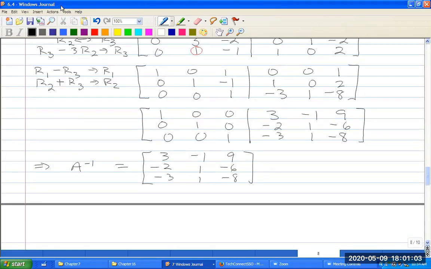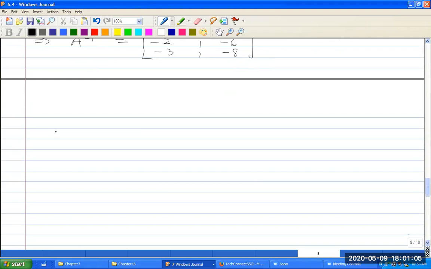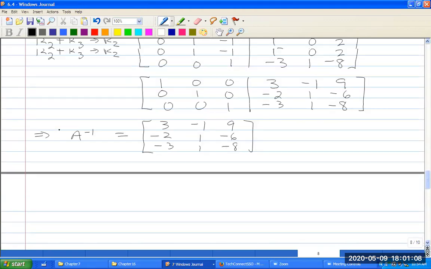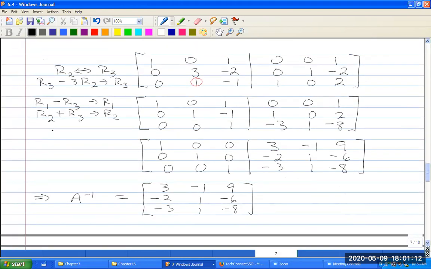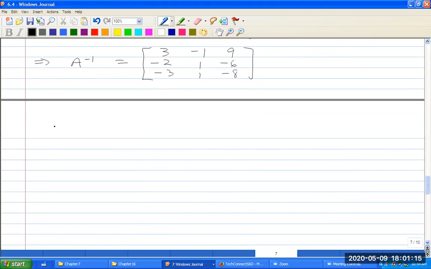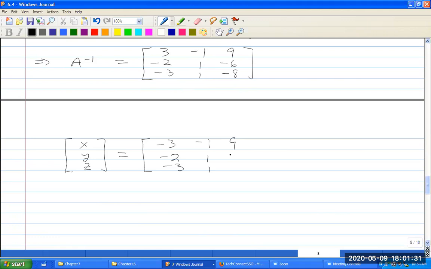And so I have that X, my solution. Let's just see what the X's were called, X, Y, and Z. So X, Y, Z is equal to A inverse, 3, -2, -3, -1, 1, 1, 9, -6, -8, times the non-homogeneous part.